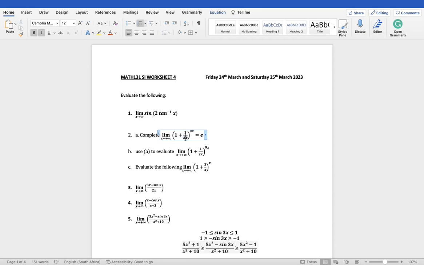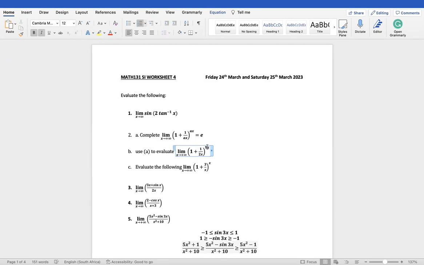As long as the number next to x in the denominator is the same number in the exponent, you can apply this rule. For example, for question B, you have 1 plus 1 over 2x, and you have 9 there. So how do you get 9 where the 2 is? What would you suggest? It's going to be 2x times 9 over 2, I think. Yeah, right.